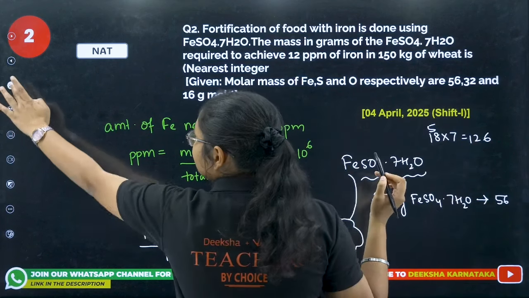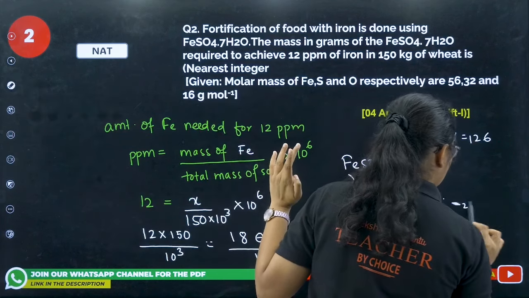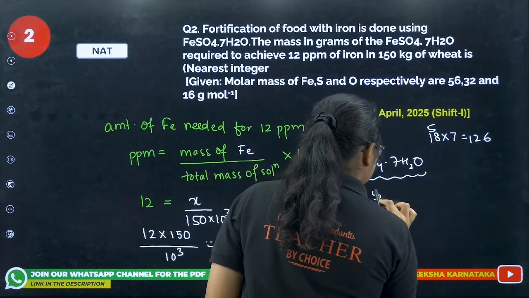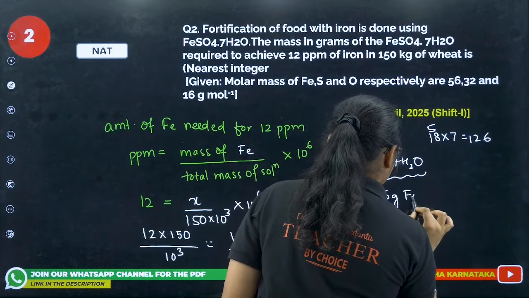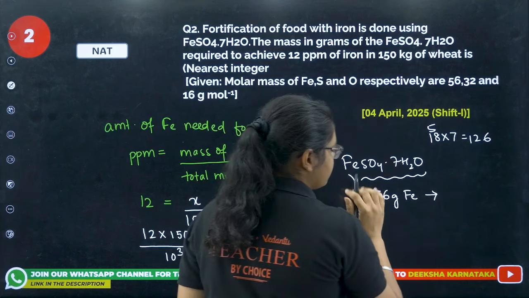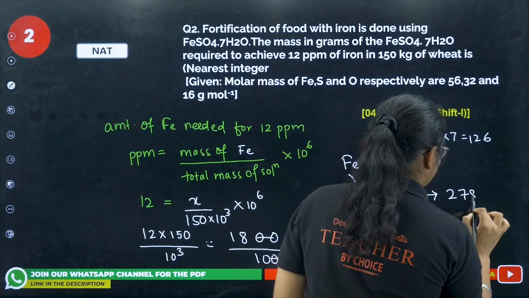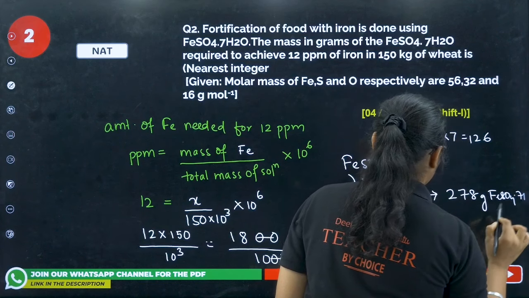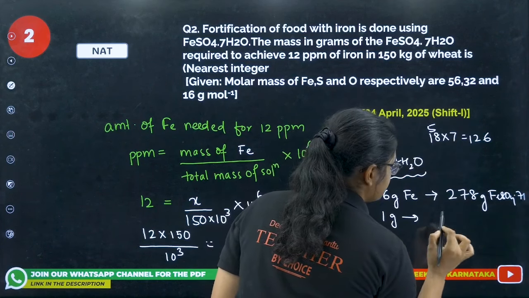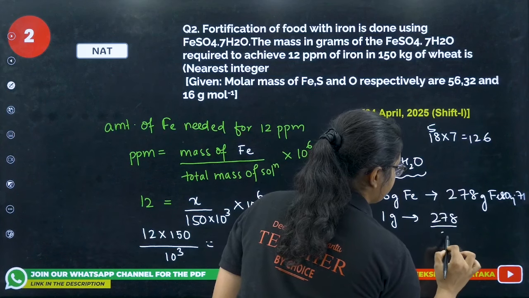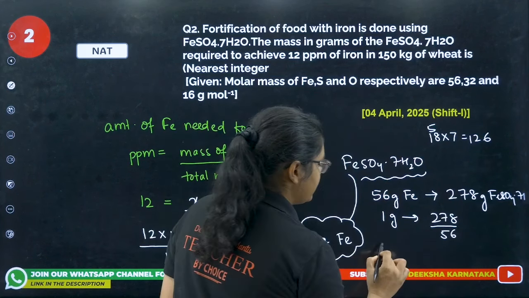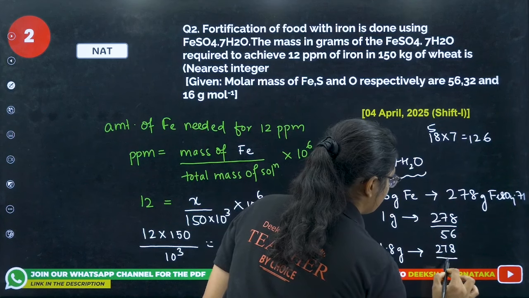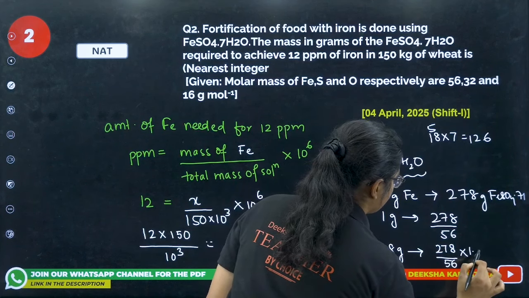Or I can say that 56 gram of Fe is obtained from 278 gram of FeSO4.7H2O. So for 1 gram of Fe, how much it will be? 278 by 56, and I want 1.8. So for 1.8 gram, how much it will be? 278 by 56 into 1.8.